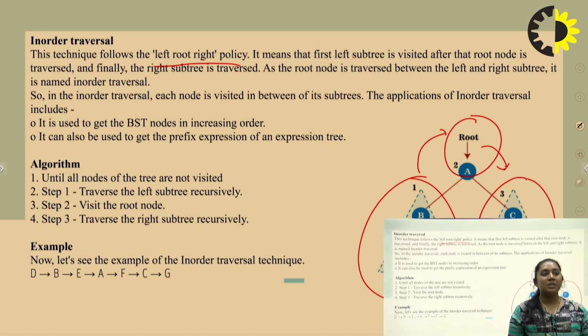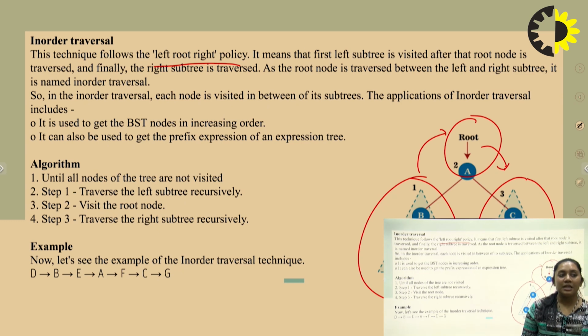Each node must be visited between the subtrees, and the application of this is that it can be used in a BST, which means a binary search tree, to get nodes in increasing order, as well as in prefix expressions. Next, we have the algorithm. The stepwise algorithm is: step 1, traverse the left subtree; step 2, visit the root node; and step 3, traverse the right subtree recursively.